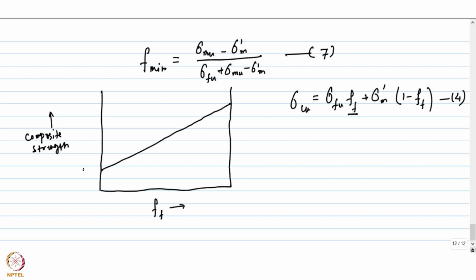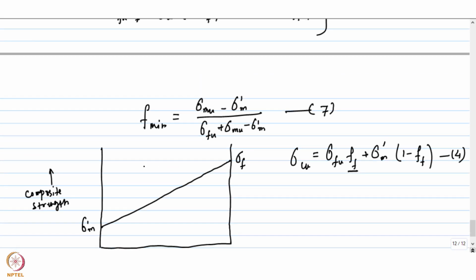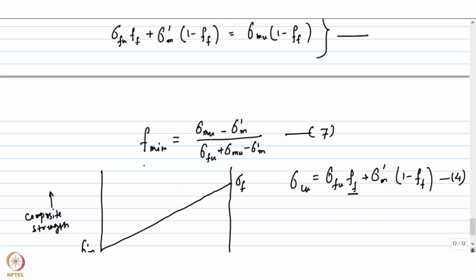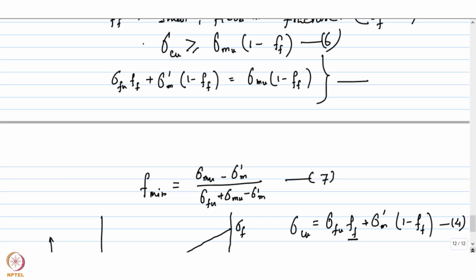So therefore, this intercept will be sigma m prime, as you could see from this equation, when Ff is equal to 0. And this end will be the fracture stress of the fibers when Ff is equal to 1. Okay. And if you plot this equation here, then you will get the F minimum from the intersection of these two lines. Okay.